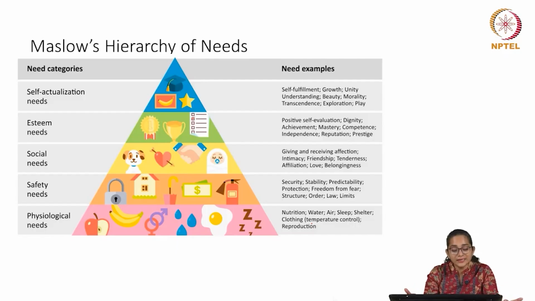So all kinds of human needs are defined or divided in these 5 steps of the hierarchy. The first and foundational step is the physiological needs. Physiological needs can be related to nutrition, that people are getting food to eat, water, quality air to breathe, sleep, shelter, clothing, or temperature control, reproduction related, health related aspects, right?